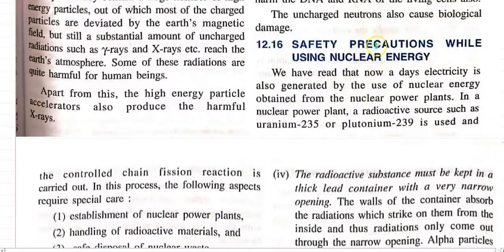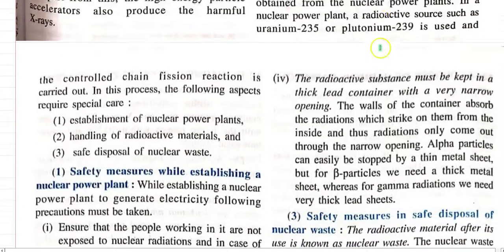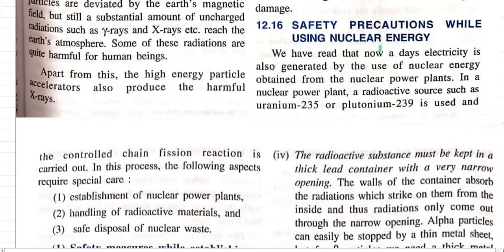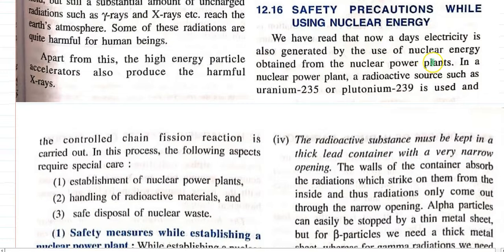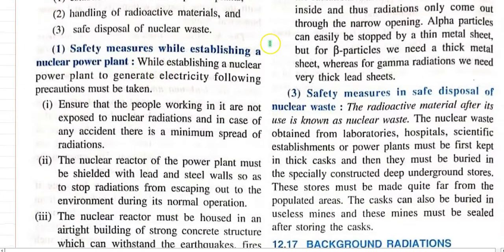Safety and precautions while using nuclear energy. We have to take some precautions. You have to use a lead apron, through which the radioactive radiation cannot penetrate. Safety measures while establishing a power plant.